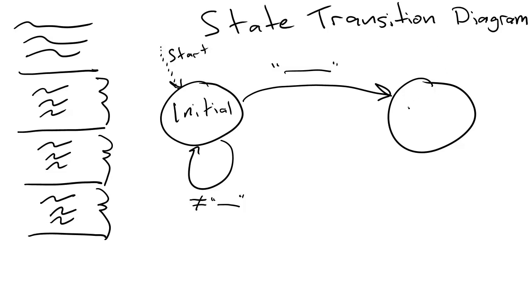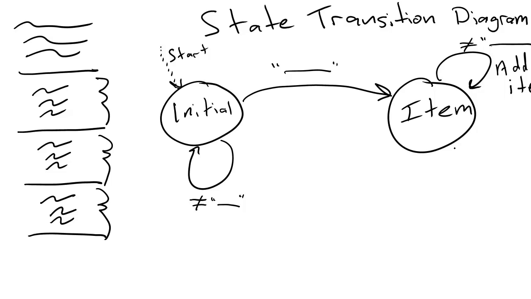So maybe we'll call this our item state. And when we do this, we can create a new empty item. And again, every time we get some input which is not equal to a dash line, then we're going to stay in the item state, but we're going to add to the current item.